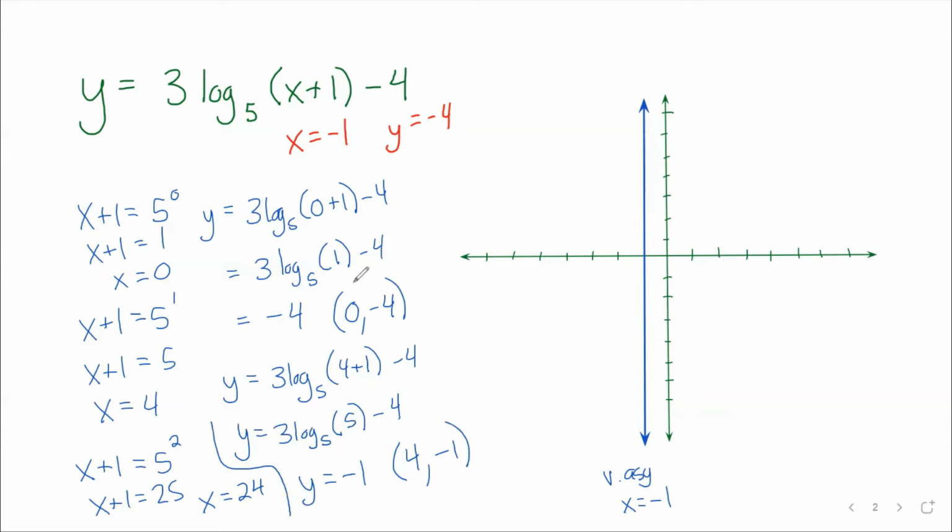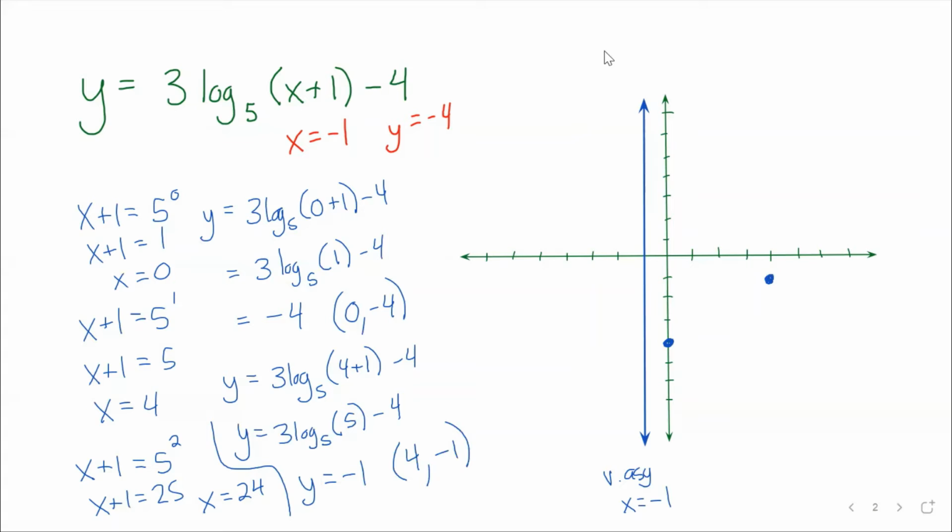So let's put those 2 points on there. 0, -4. 1, 2, 3, 4. And when x is 4, y is -1. X is 1, 2, 3, 4, y is -1.